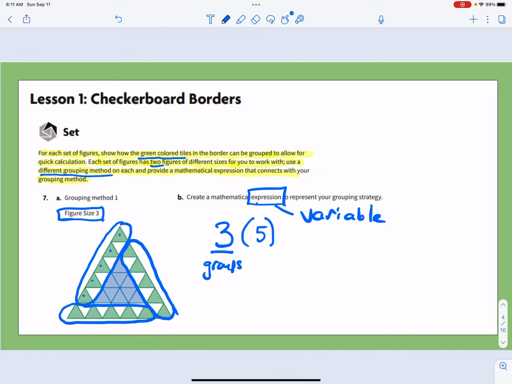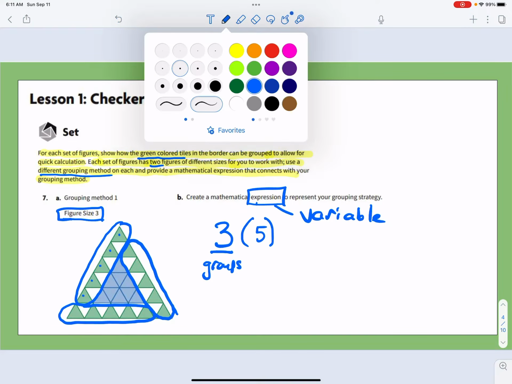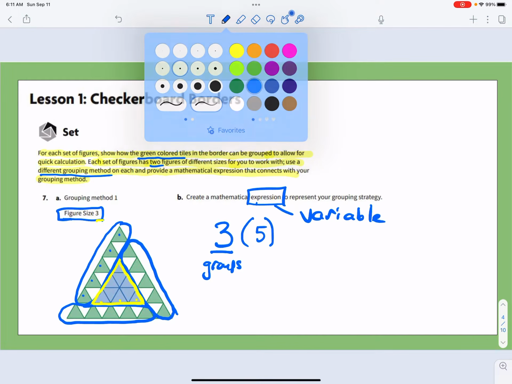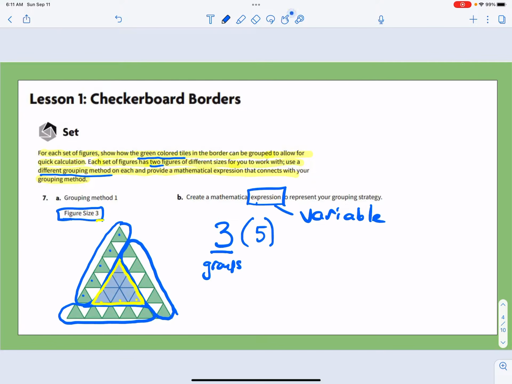But what's not going to stay the same is the inside part, because the inside part can get larger with time. It's a 3 by 3 triangle, and that's why it's a size 3, because that's 1, 2, 3, like that. This part stays the same, and the outside part is the changing part. So it won't always be 5.